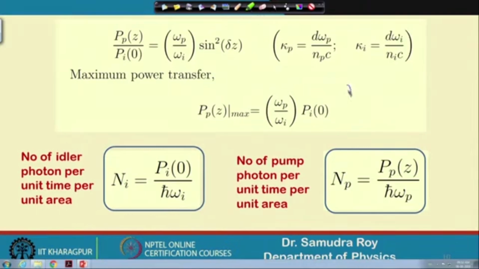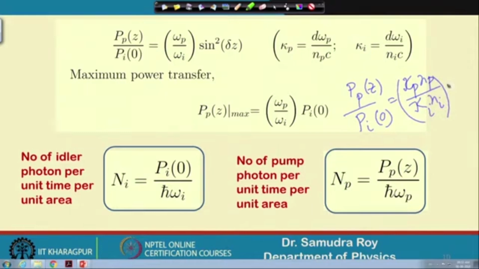So, in the previous slide, P p divided by P I 0 z, this was kappa p n p divided by kappa I n i, and then there was sine square delta z.